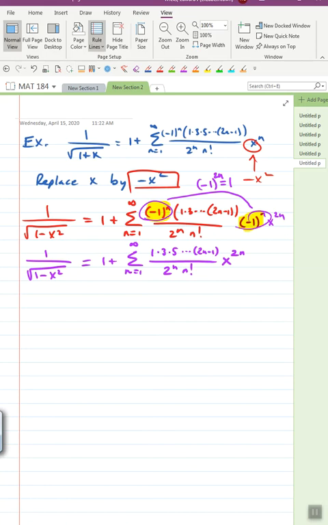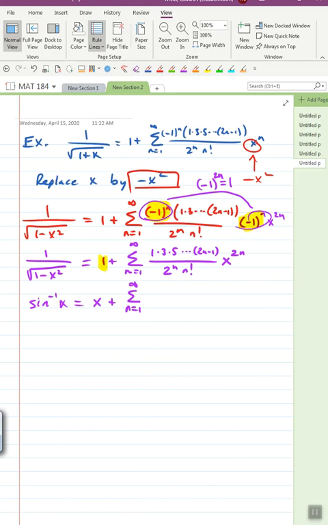What am I going to do next? I'm going to integrate both sides with respect to x. Okay, if I integrate the left side with respect to x, then of course I get sine inverse of x. If I integrate the right side, then of course this first one, don't forget about him, he just becomes an x, plus, well, to integrate that power series, let's just integrate term by term.